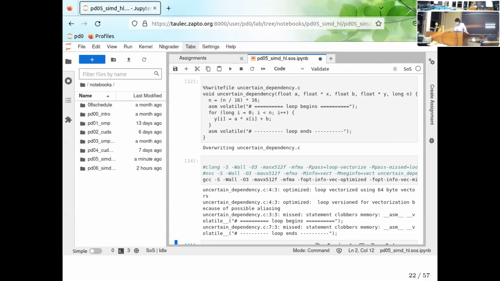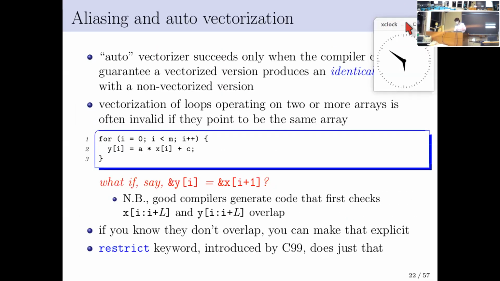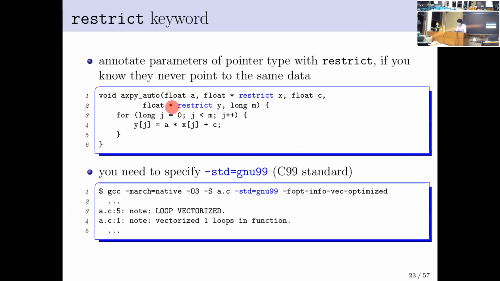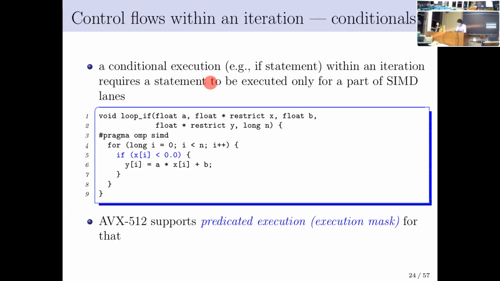So I don't want to get into each of them. But this is the kind of thing I want you to learn through this notebook. And the slide goes through each and every reason why the compiler may fail to vectorize.